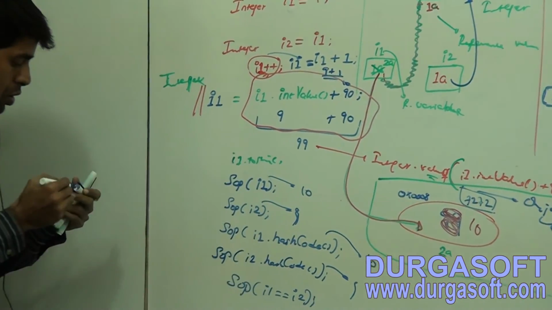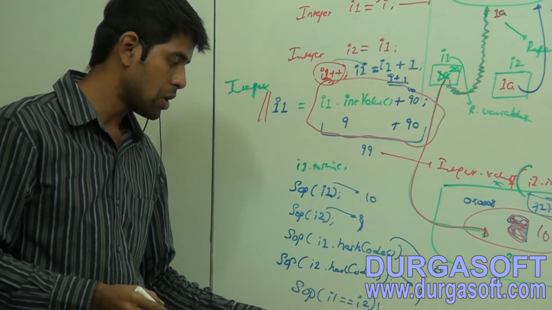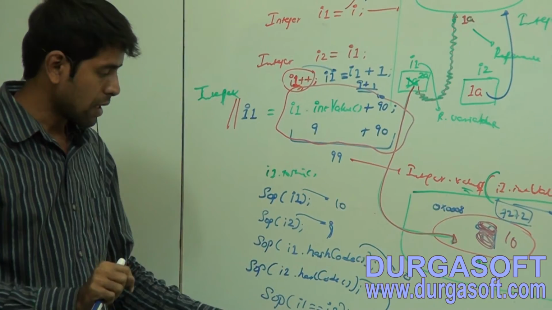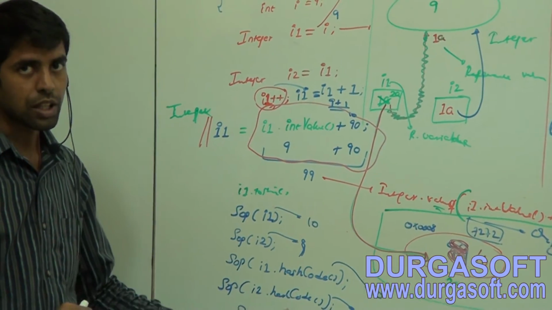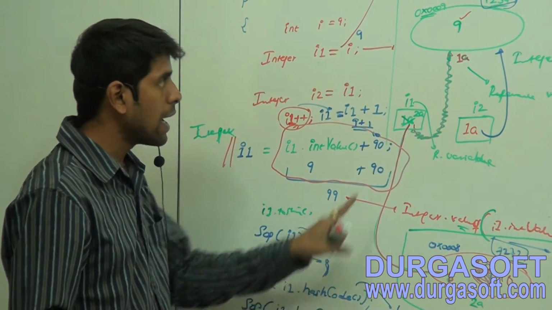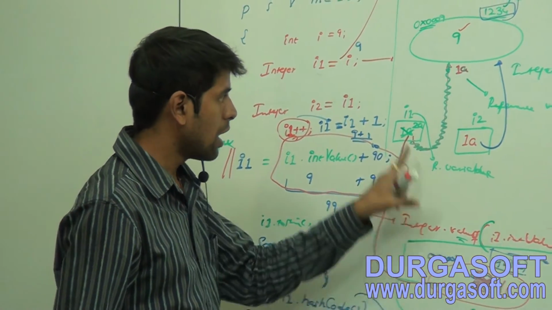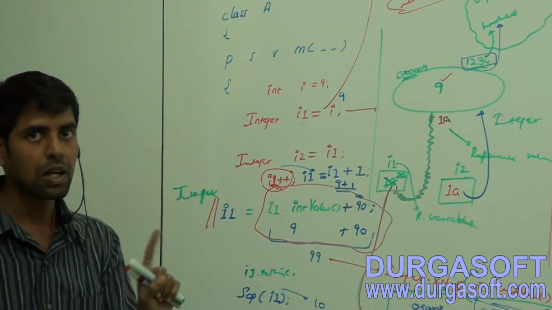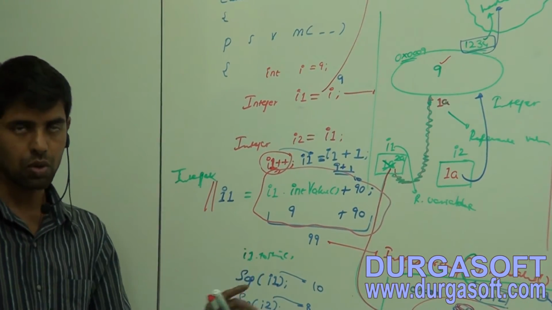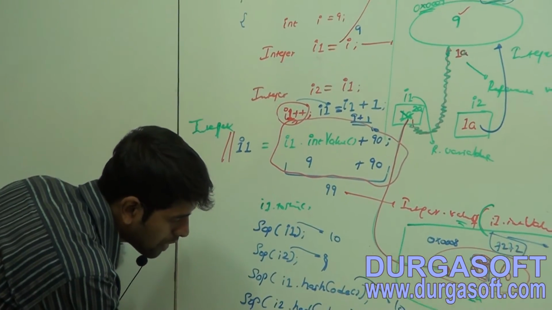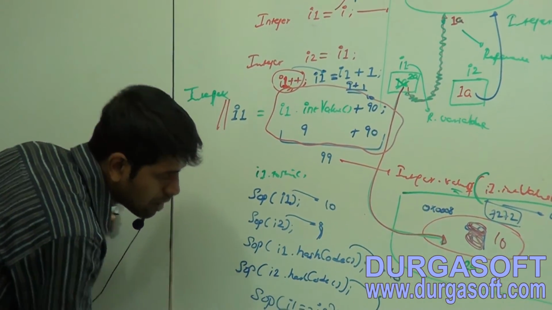Please friends, observe. This double equals operator, in the case of reference variables, is meant for comparing what I1 is holding and what I2 is holding, but not hash codes. Now what is the I1 value? 2a. What is the I2 value? 1a. Both are the same or different?